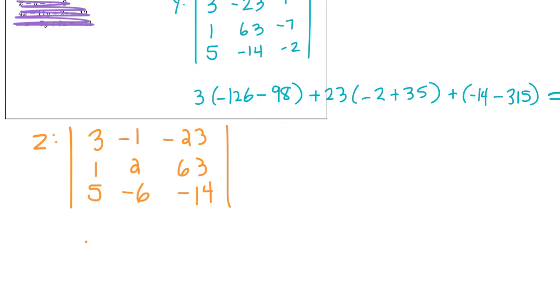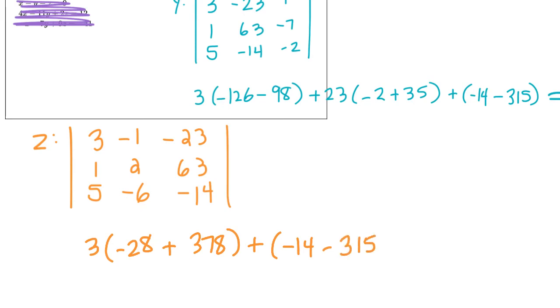So we would have 3 times negative 28, plus 378, plus negative 14 minus 315, plus negative 23, but since it's plus negative, let's go ahead and just put minus.